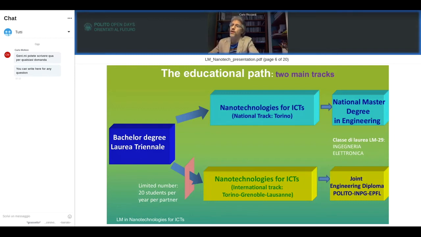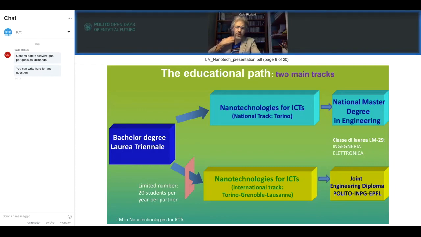What I mean is, in our educational path, so these 2 years of master degree, we have 2 main tracks. Depending on your bachelor degree, we give 1 master degree in nanotechnology for ICT. We have 2 tracks that we call national and international track.